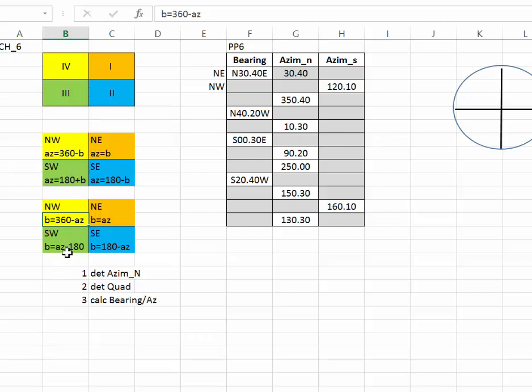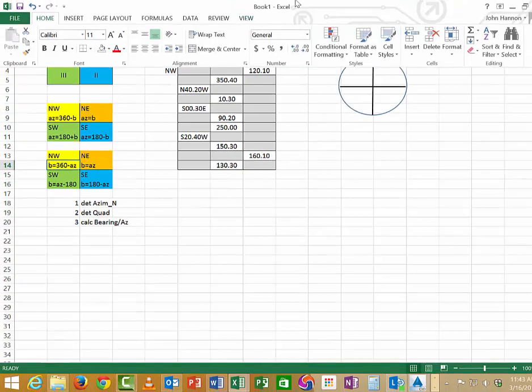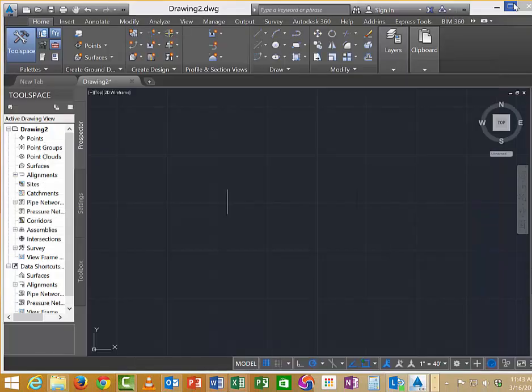So you can compare these and maybe it will start to make sense. Okay. So again, what I do is go through and I just like to get my quadrant. That helps me. And making a sketch is pretty important too. I'm not going to sketch, but just to give you some ideas, let me minimize this.